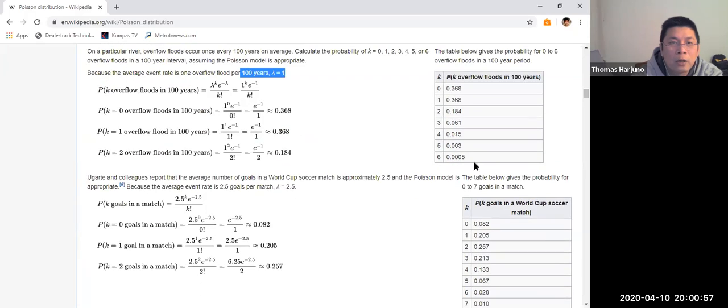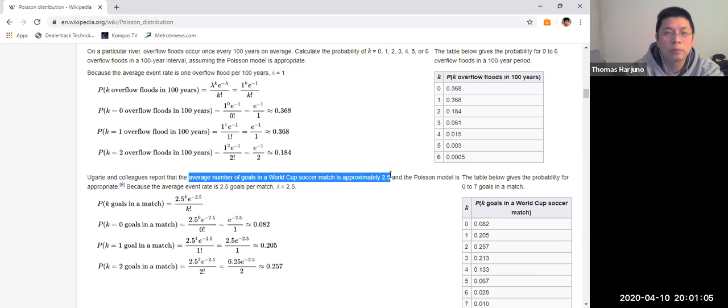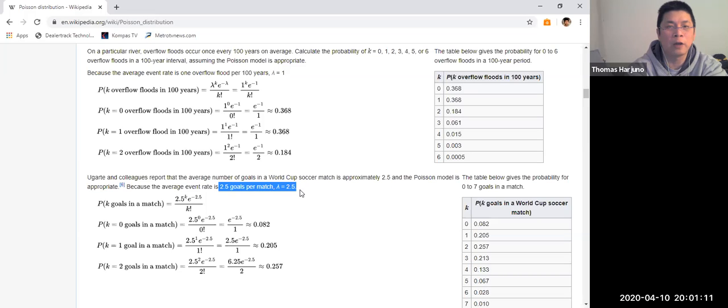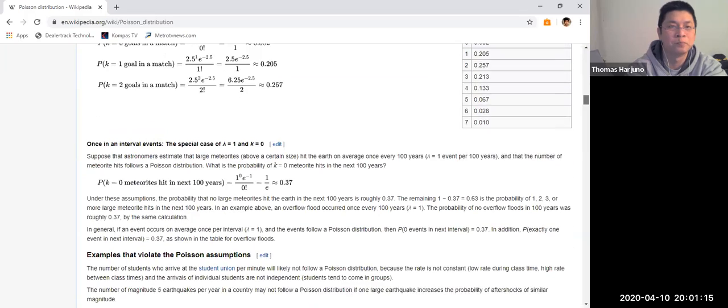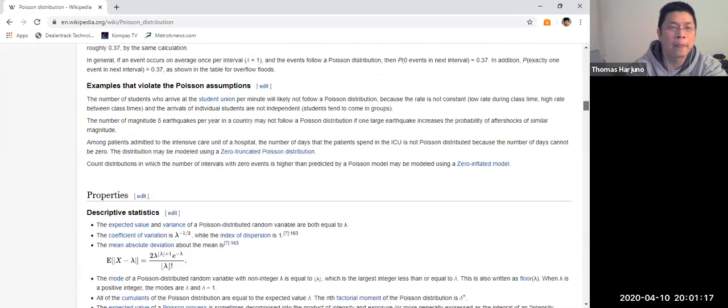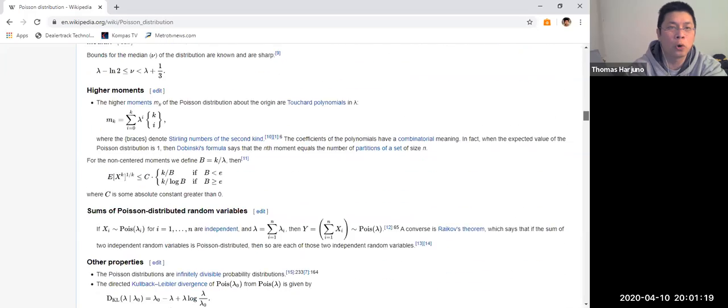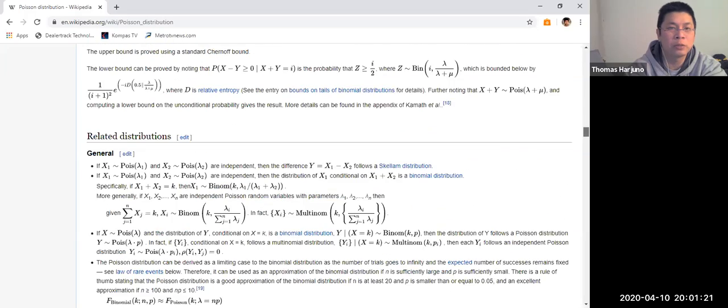How about the number of goals in a World Cup match? On average it is 2.5 per match. That's still a Poisson distribution.